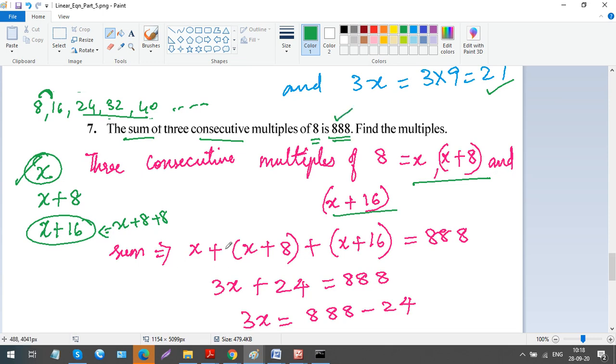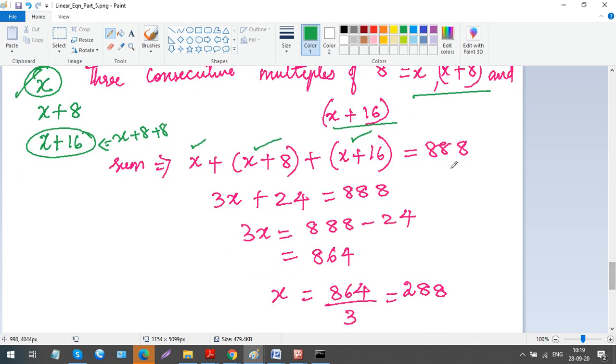So add all the 3 numbers. x is my first number, x plus 8 is my second number, x plus 16 is my third number. When you add all these 3, you get 888. Okay, so now you add them. x plus x plus x, 3x, plus 8 plus 16 is going to give you 24, right? So now that's supposed to be equal to 888.